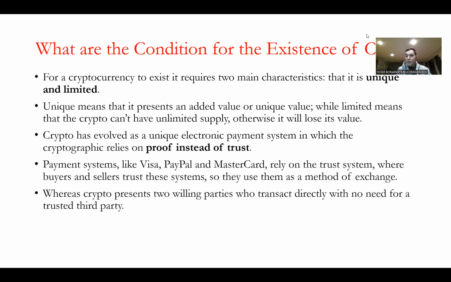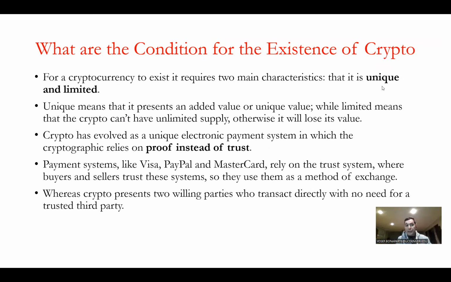What are the key conditions for the existence of crypto? There are 2 conditions: unique and unlimited. Unique and unlimited. Here's an example. After World War I, Germany had to pay all this war cost. I'm talking about 1923. Germany had to pay all of this World War I to Europe, France, and the US was also involved. As a result, Germany didn't have enough money. So they were printing money, and it had no value.